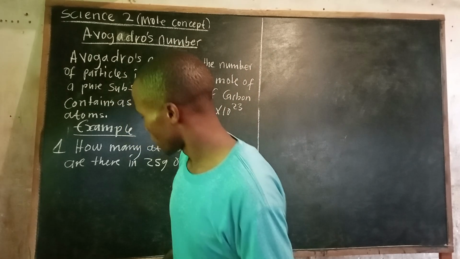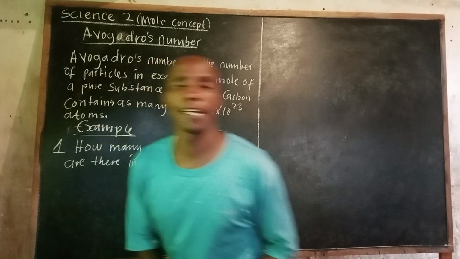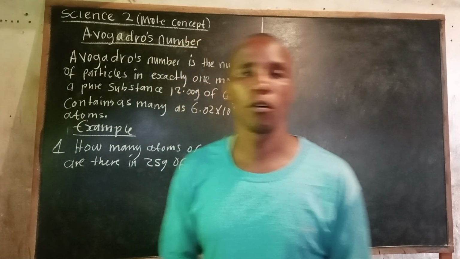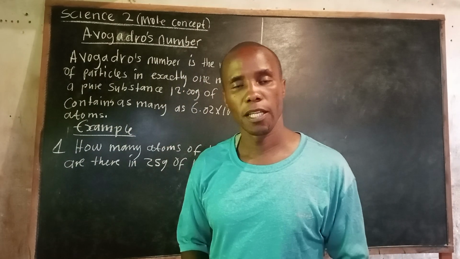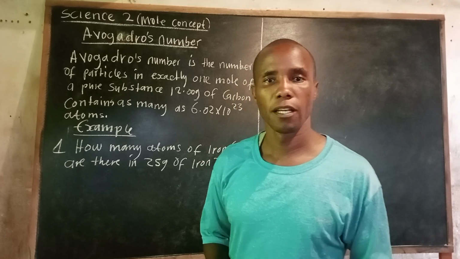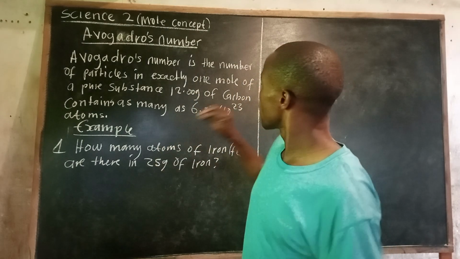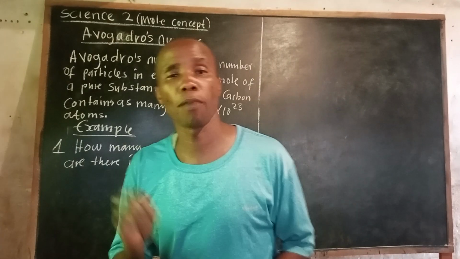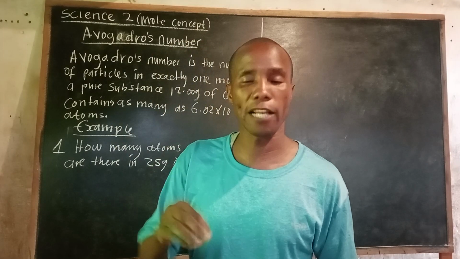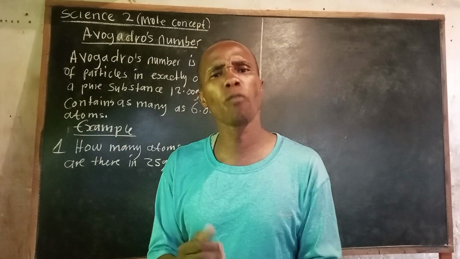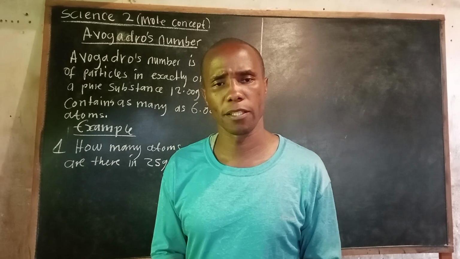One, you must understand that 1 mole of an element is equal to 6.02 times 10 power 23 particles or atoms, for any given element.